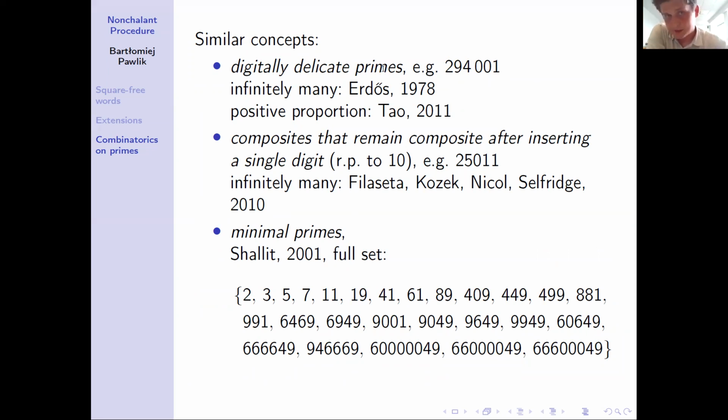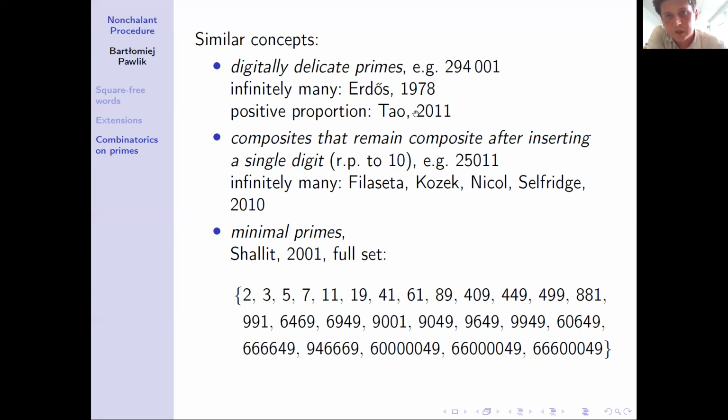The existence of such primes was asked by Murray Klamkin in 1978, and Paul Erdős showed that there are infinitely many. Klamkin asked if there is any prime with such a property, and Erdős did not show any of these primes, but he just showed that there are infinitely many of them.